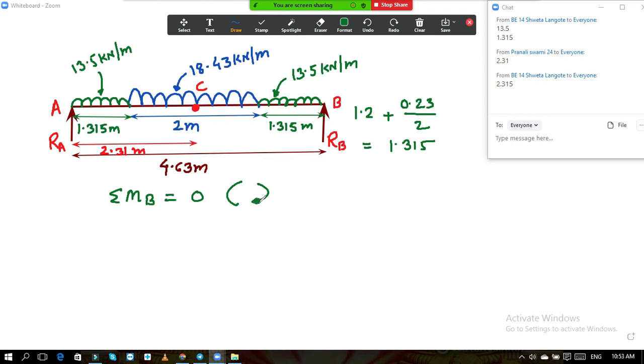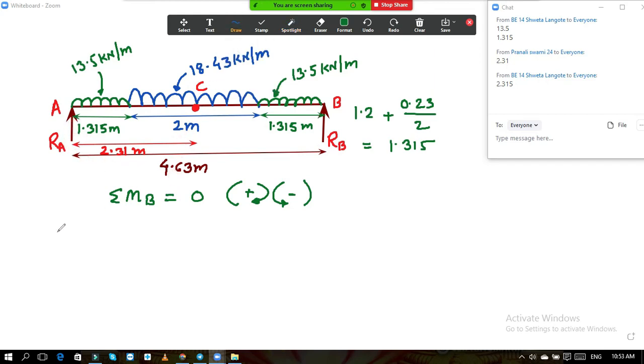If the force and moment is clockwise, then it is plus. If it is anti-clockwise, then it is minus. So now, first the moment of RA about point B. From point B, the distance of RA is 4.63 meter.